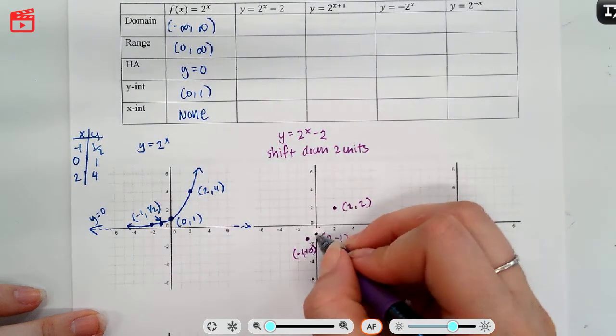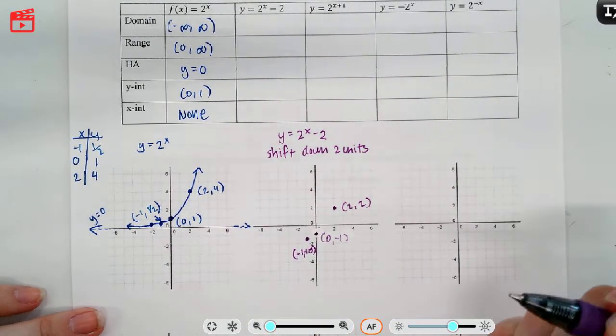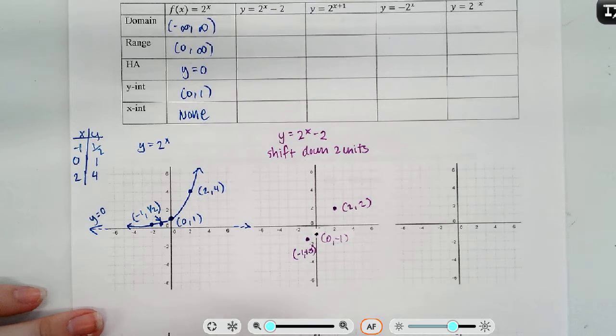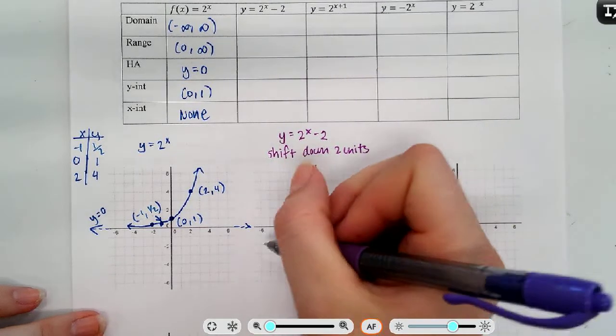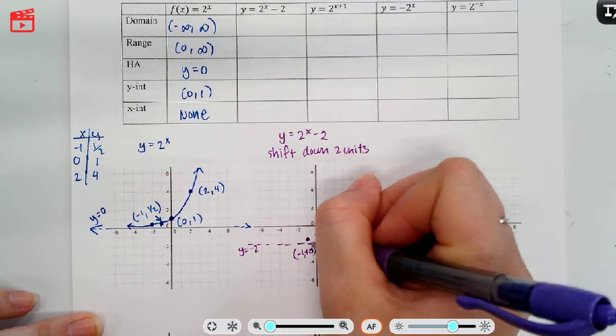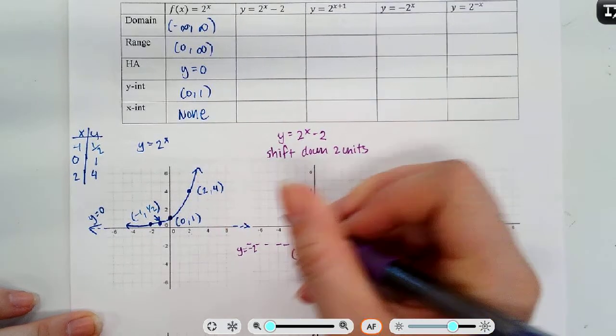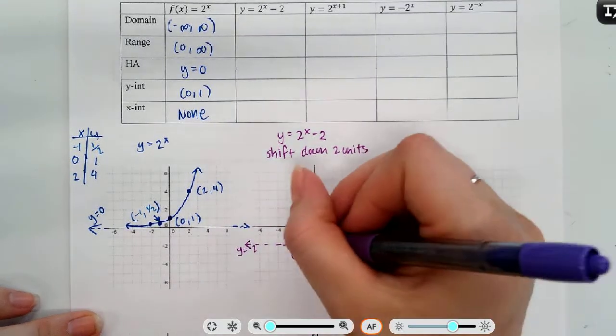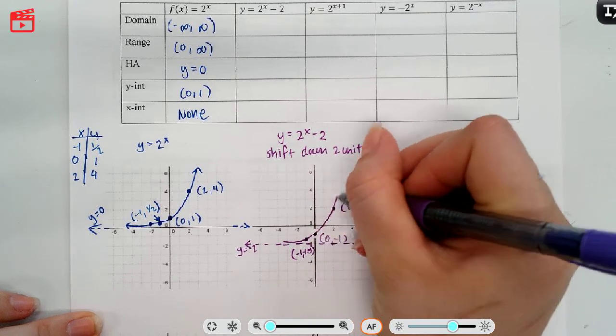And then, okay, this is the very interesting part. Our horizontal asymptote shifts as well. So our horizontal asymptote is going to shift down 2 units, which brings it to y equals -2. All right, that changes things up a little bit.